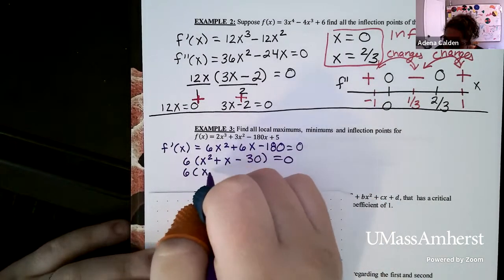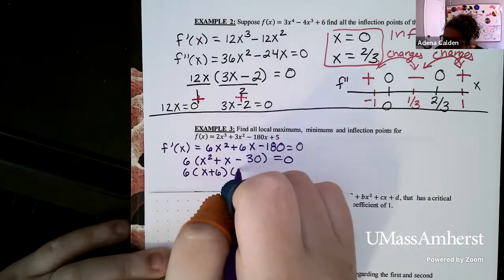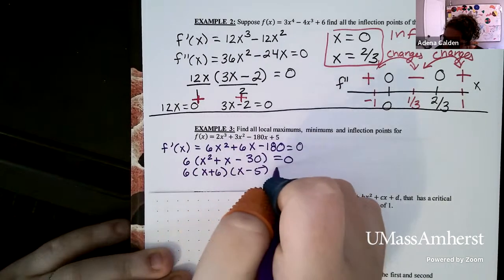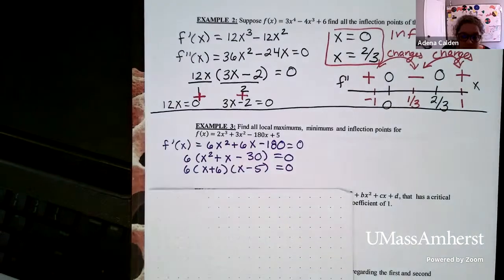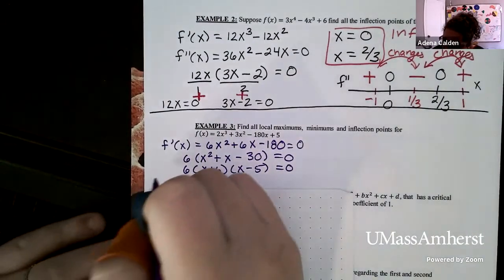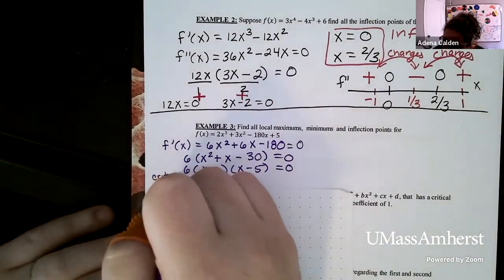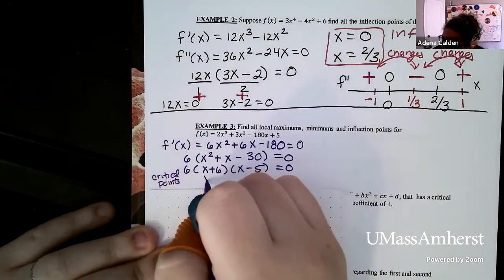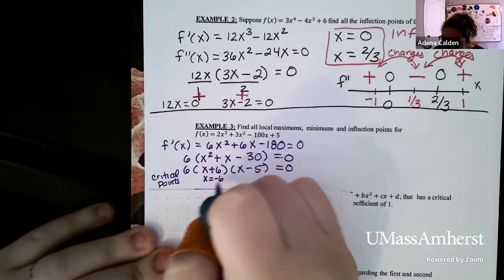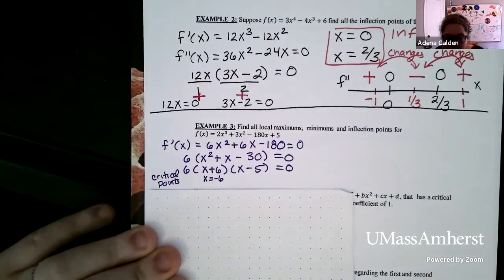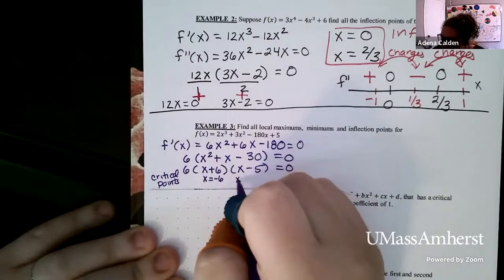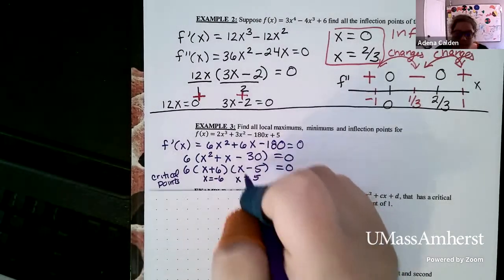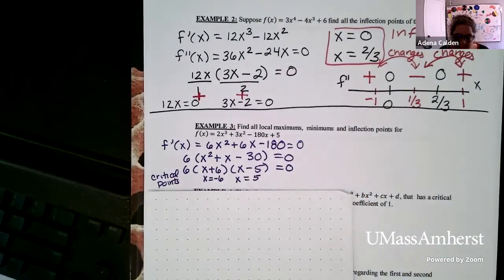And then when I factor that down, I get (x plus 6)(x minus 5) equals 0. So that gives me two possible critical points, right? I have x equals -6, which is going to make the first parenthesis equal to 0, and I have x equals 5, which is going to make the second parenthesis equal to 0.